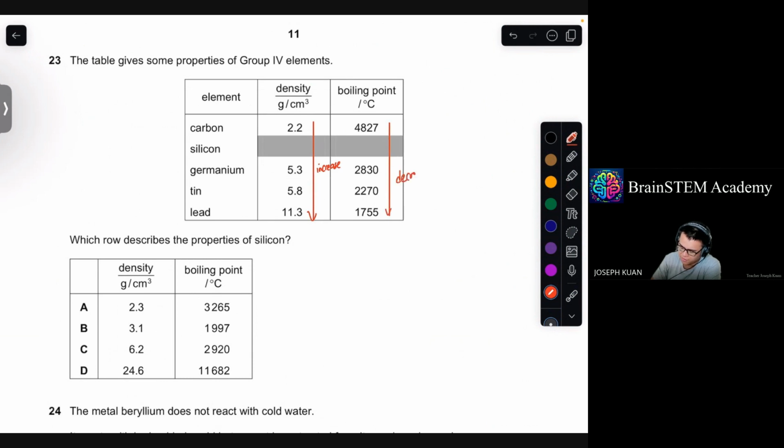So you just need to fit the trend. Density for silicon is between 2.2 and 5.3, and the boiling point should be between 4827 and 2830. So the best answer should be A, because these two values fit the trend. Right, so that's the answer for 23.